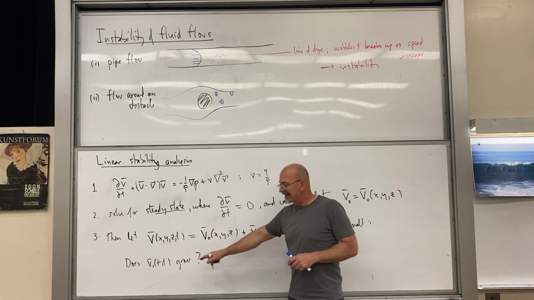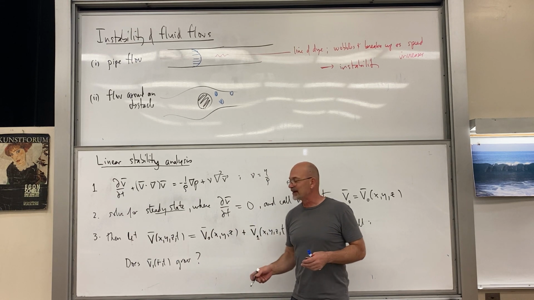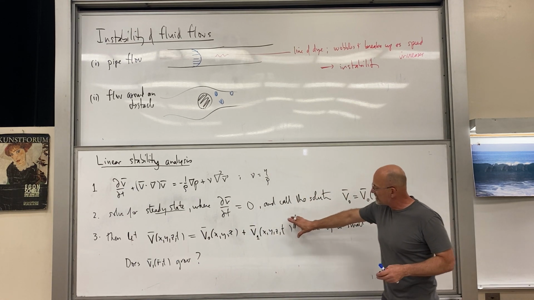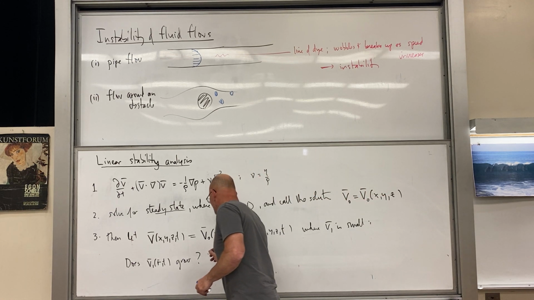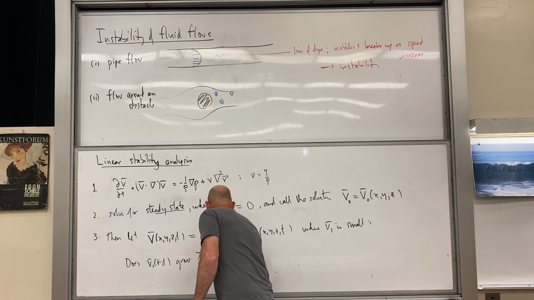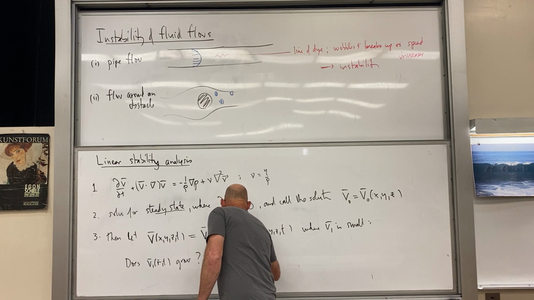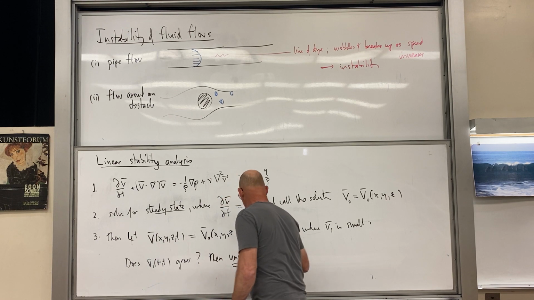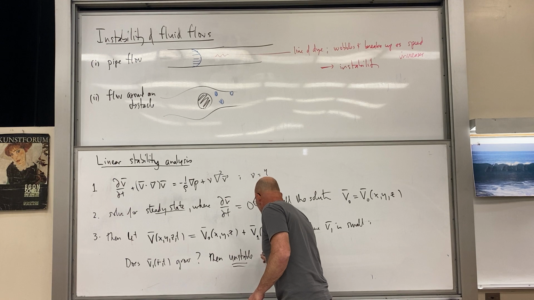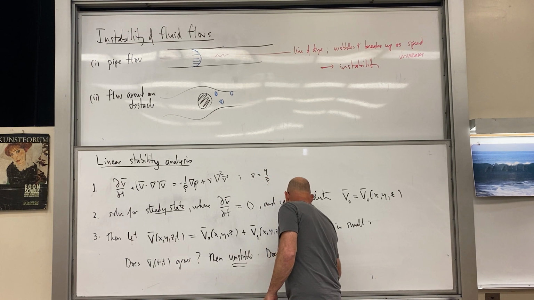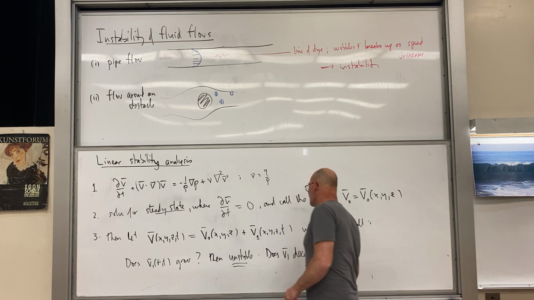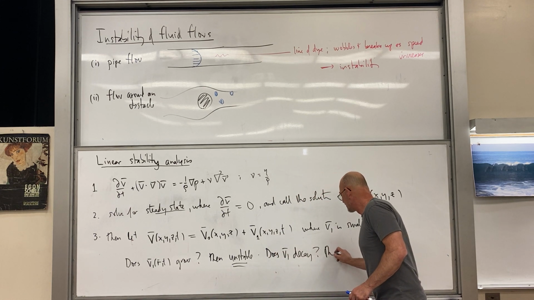If v1 decays, then we would say it's stable. So this would be a little perturbation. Does it just go away or does it grow? Then the flow is unstable. Does v1 decay? Then the flow is stable.